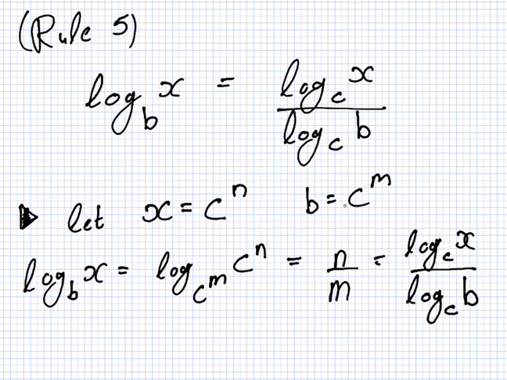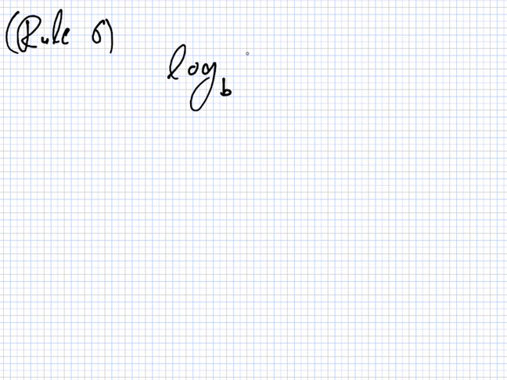Okay. And the last rule, rule 6, again, just like yesterday, not really a rule, just some facts about special values. So can I scroll down? Okay. And what's log of 1? b to what power makes 1? 0.